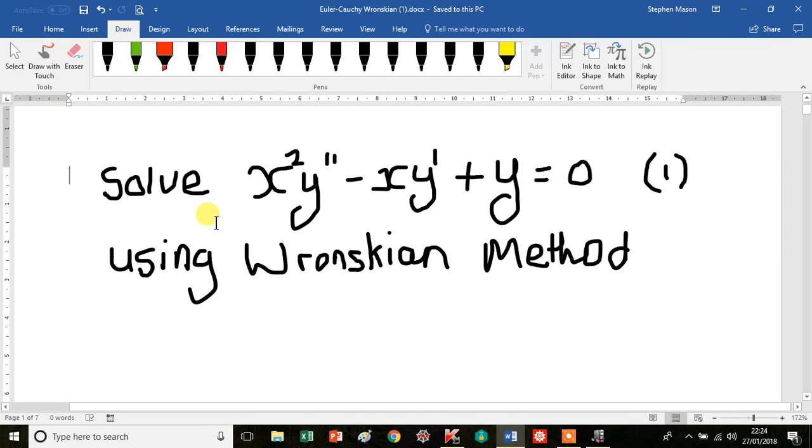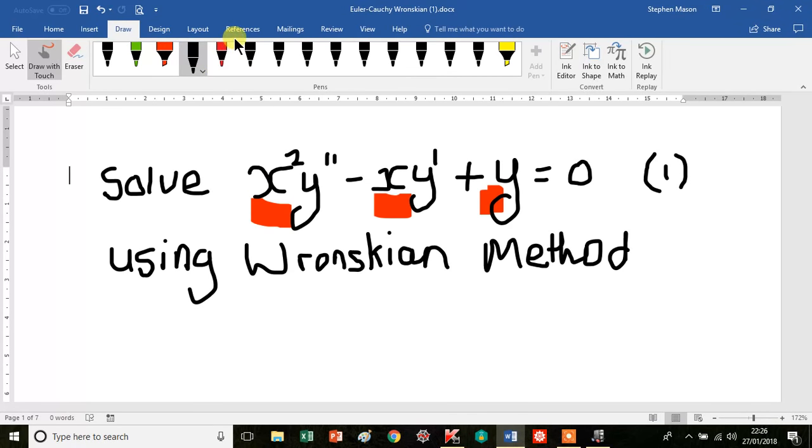And it is linear because the coefficients, which are variable, are only variable in x, not y, or any of its derivatives.